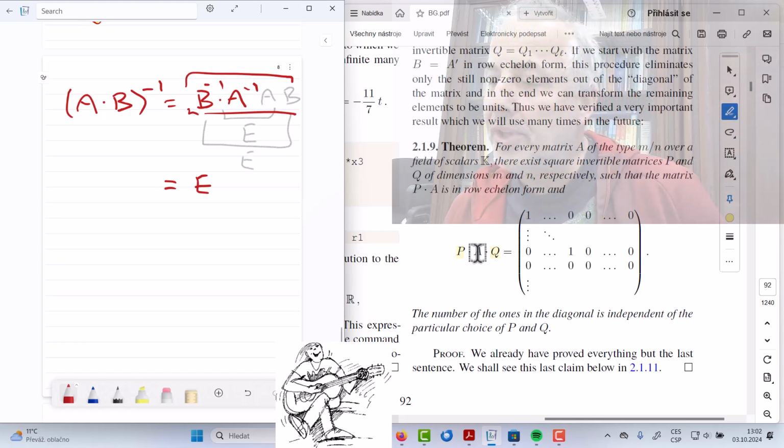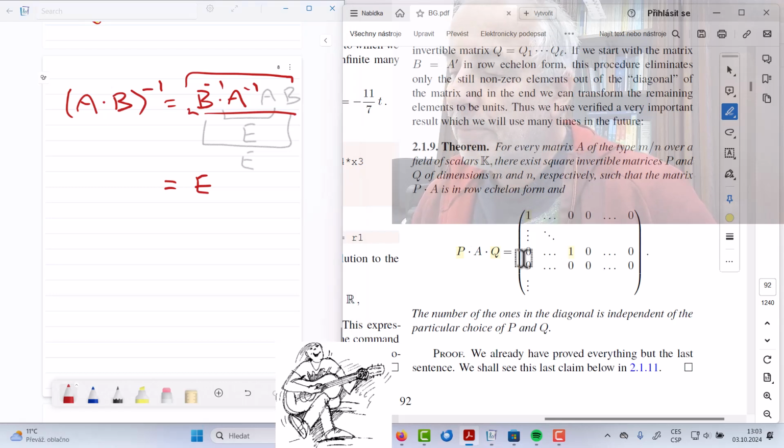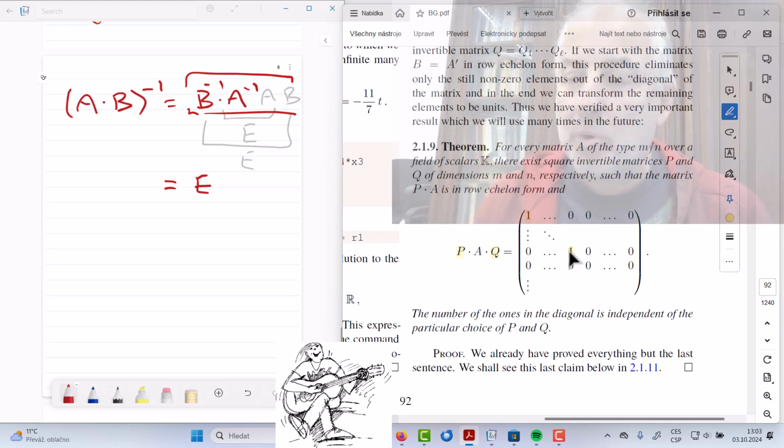So if I do them one by one, finally I multiply all the matrices from the left, which correspond to the elementary row transformations, and all those from the right, which correspond to the column elementary transformations. And in general, I get some unit matrix here in the left upper corner, and the number of the ones here is independent.